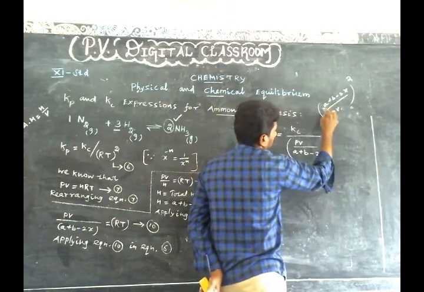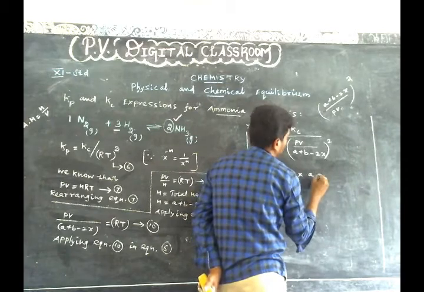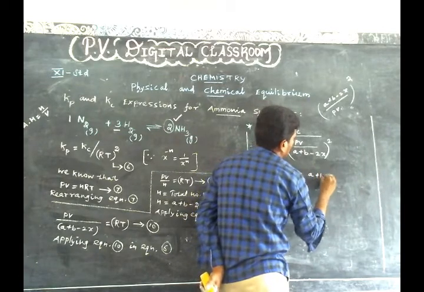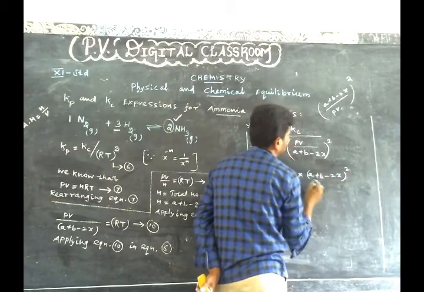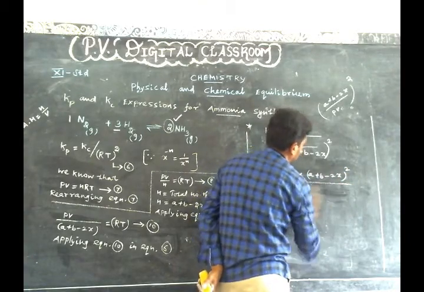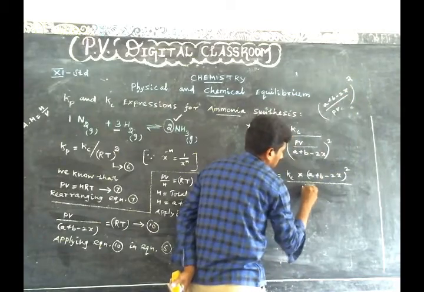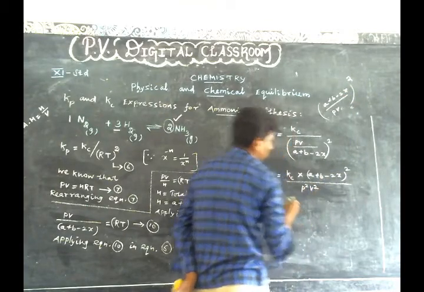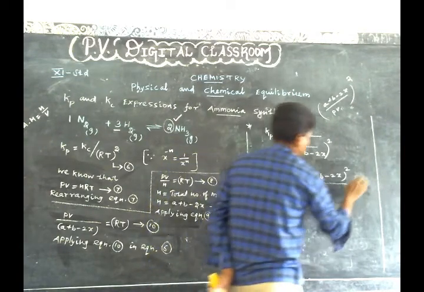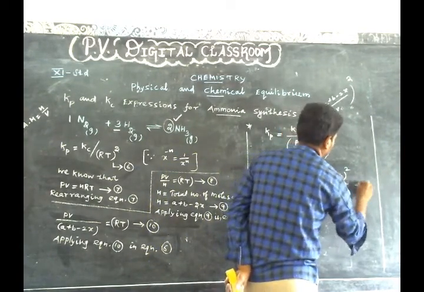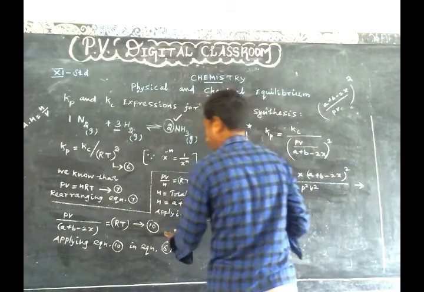So this term becomes A plus B minus 2x whole square divided by P square into V square. This is equation number 11.